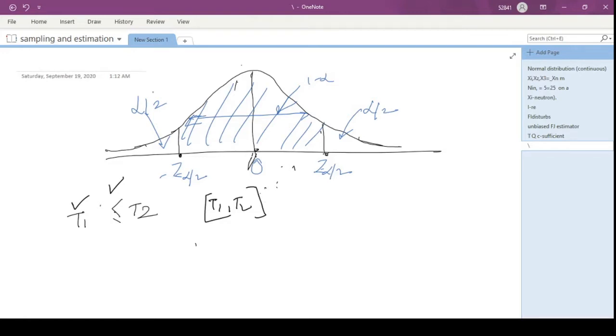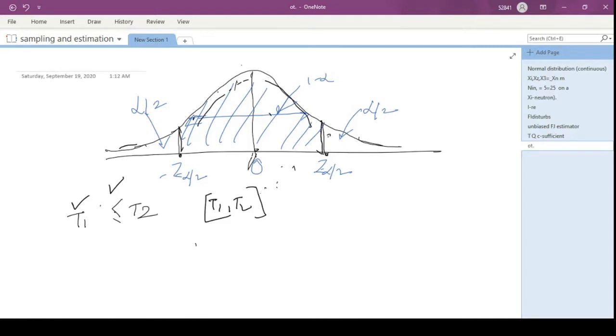If I see this figure, the whole area from the ones marked with the blue bars, from this till this, is 1 minus alpha.